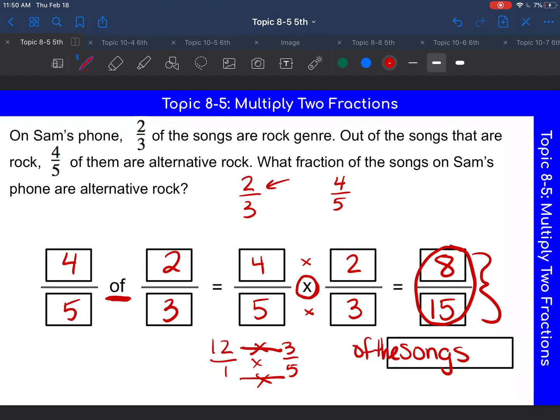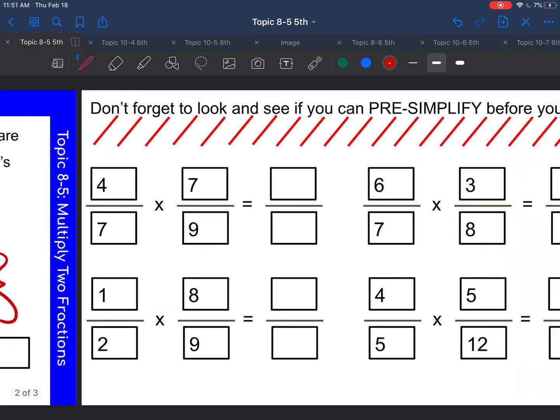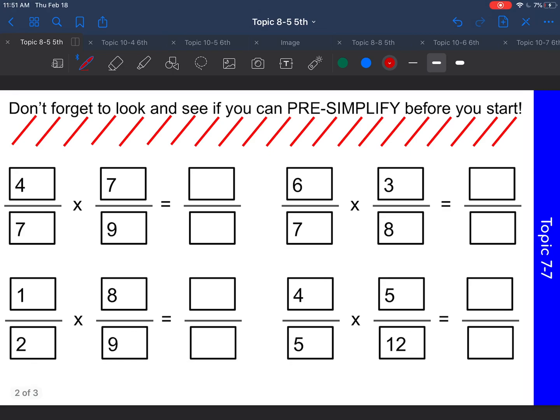Okay, so in this problem, we couldn't pre-simplify at all, because if we look this way, nothing goes into 4 or 3, and this way, 5 or 2 cannot be divided by anything besides 1. Okay, but we will have a chance to pre-simplify in these next few examples. Now this is what's pretty cool about multiplying two fractions.